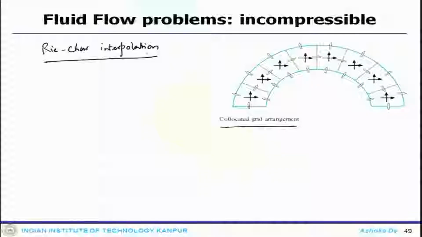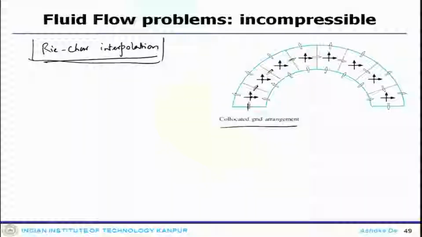Using this interpolation, you have everything at the cell center, in a cell centered collocated arrangement, and you get the fluxes interpolated at the faces, so that you can avoid the checkerboarding issue.